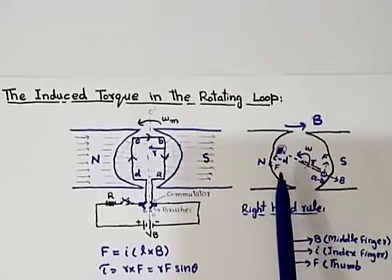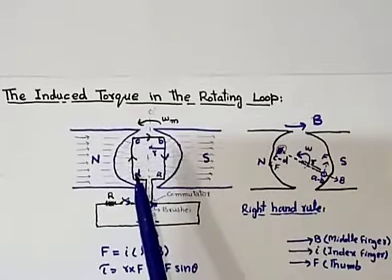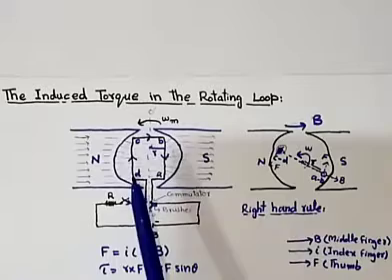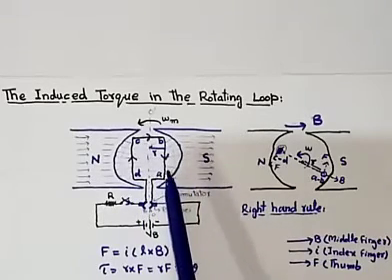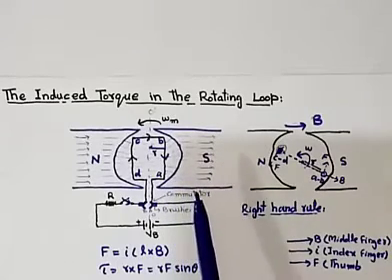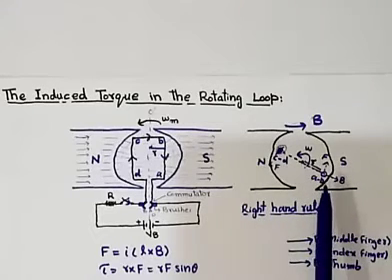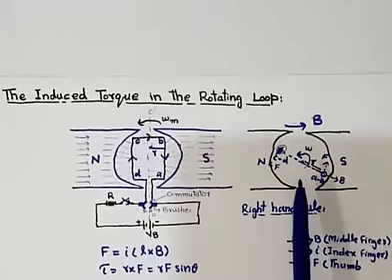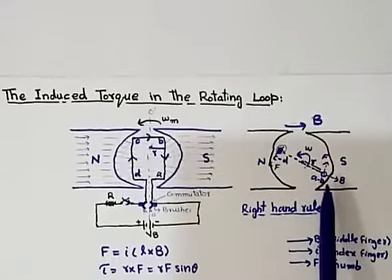The direction of the current across the conductor CD is inward, and the direction of the current across the conductor AB is outward. I have shown it here as well. Cross means the direction of the current is inward and dot means the direction of the current is outward.